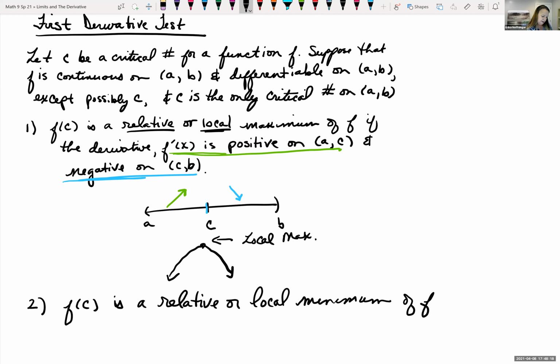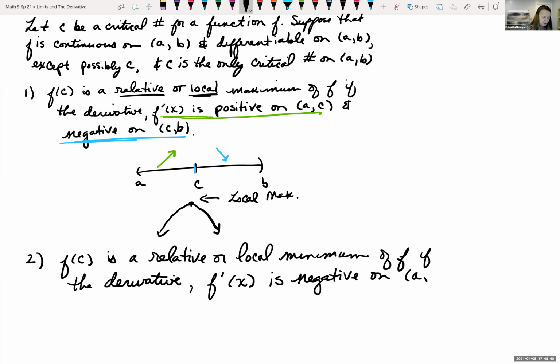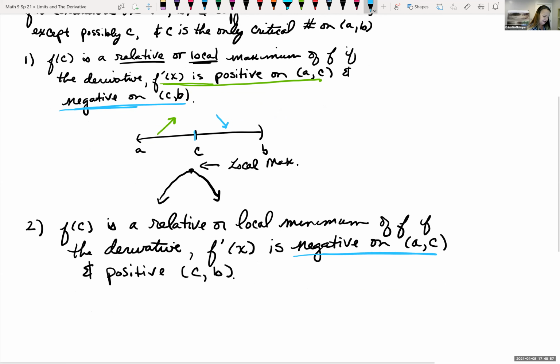of f if the derivative f prime of x is negative on AC and positive on the interval CB. So if we look at the picture, it's negative on AC.